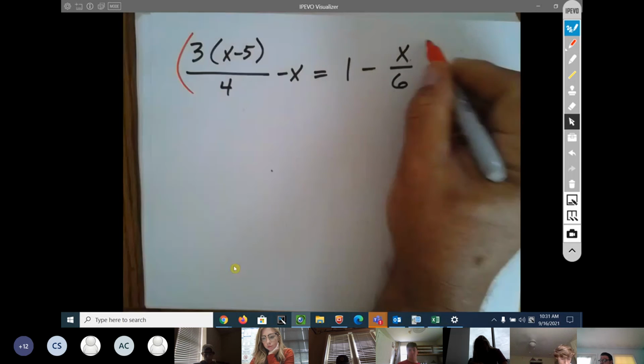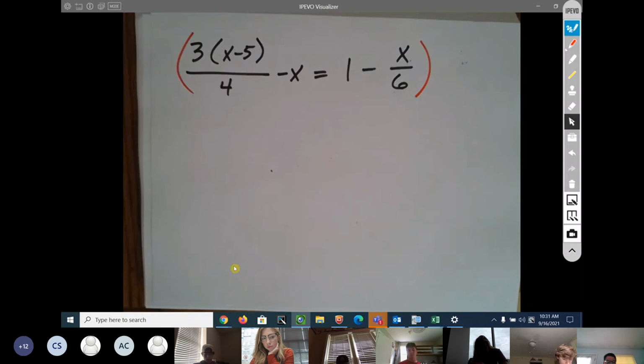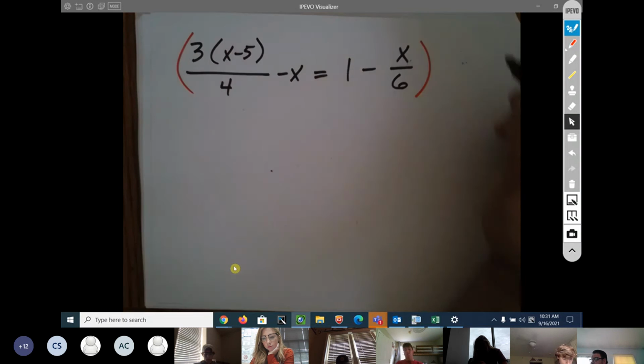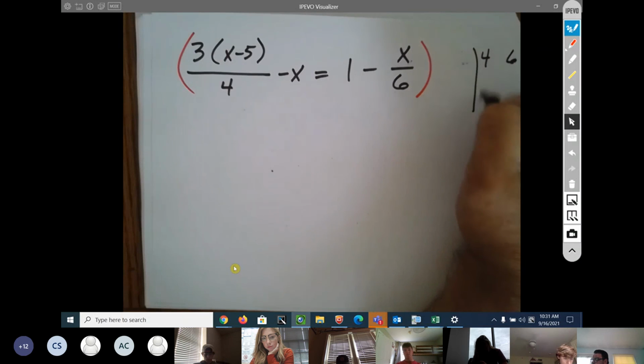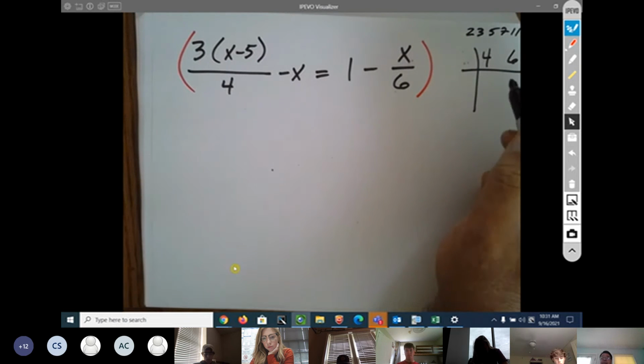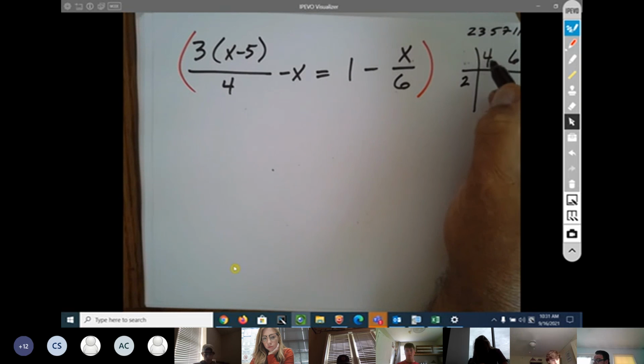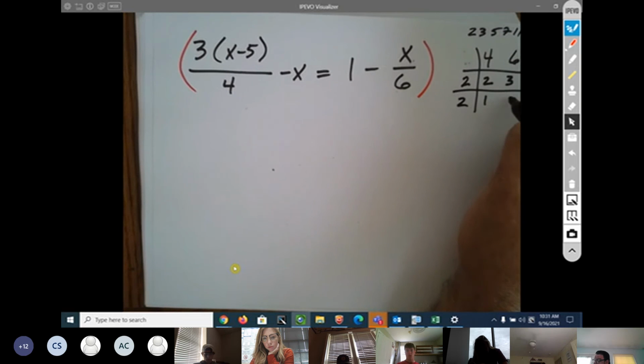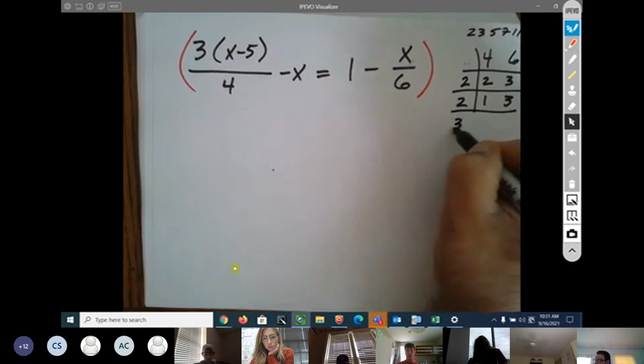Multiply through by, let's go over here to the side because we don't know everything. 2, 3, 5, 7, 11, and sometimes 13. Because some people multiply them together and that's not right. So 2, that's 2 and 3. 2, 1, and 3. 3, 1, and 1.